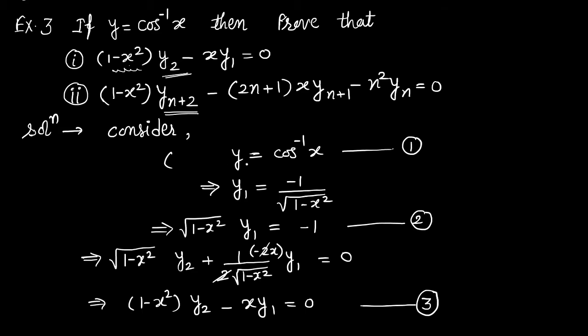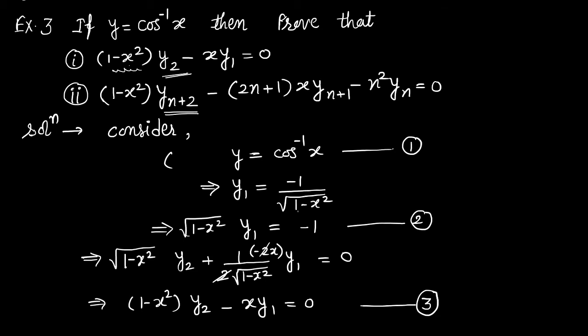That means the second result. Now here consider y equals cos inverse x, y1 equals minus 1 upon under root 1 minus x square. This is the first derivative. Multiply by the denominator term, that will be easy for us. Therefore, multiplying by the denominator term, we get equation number 2. Again, we differentiate equation number 2.